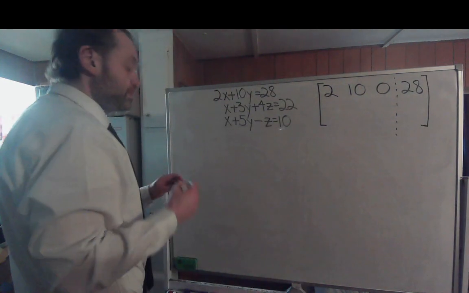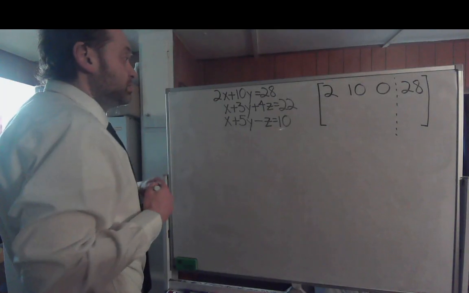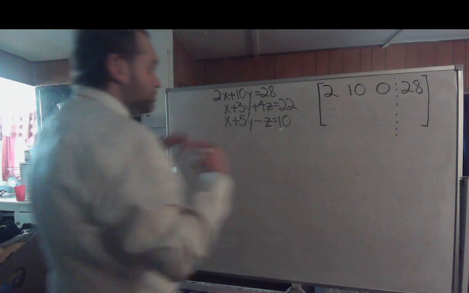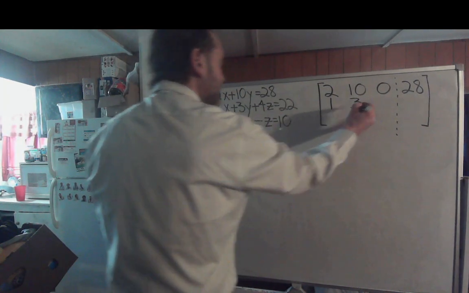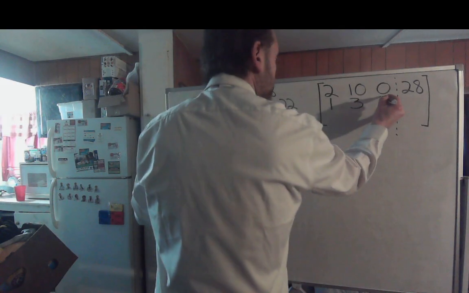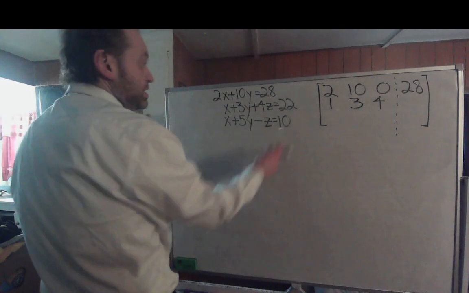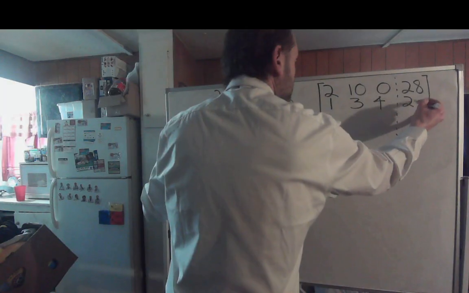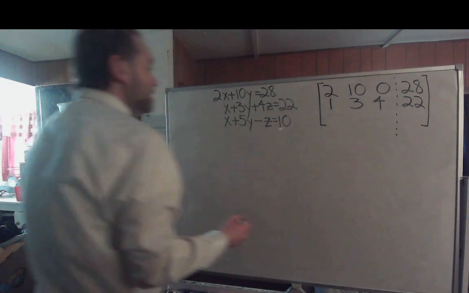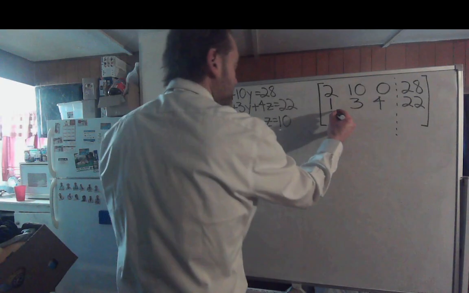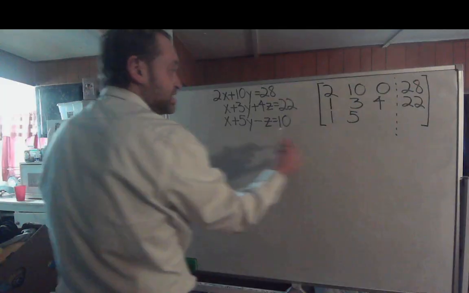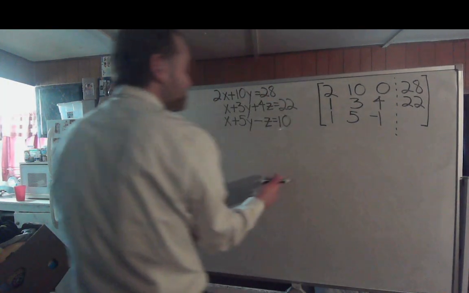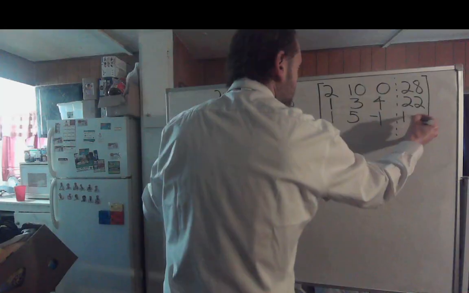Now, of course, the second row, the coefficient on x is 1, the coefficient on y is 3, coefficient on z is 4, and then you have 22 to the right. And then third row, coefficient on x is 1, coefficient on y is 5, coefficient on z is negative 1, and then you have 10 to the right.